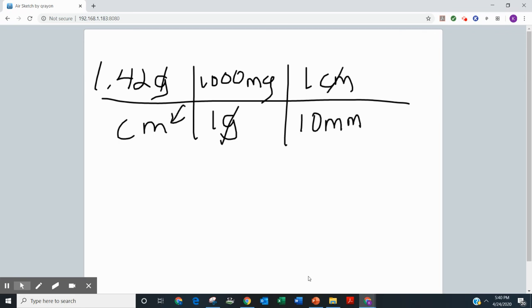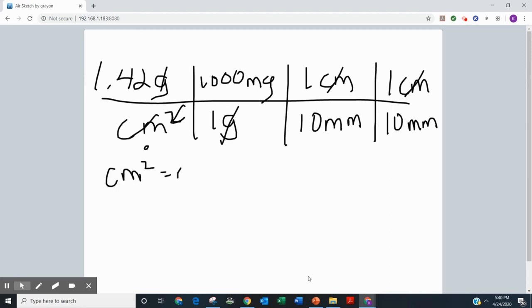That only cancels with 1 of my centimeters that are in the centimeter squared. I need 1 more, so I need another centimeter, 10 millimeters. So that cancels with the second one because this centimeter squared is the same as a centimeter times a centimeter. So that's what I end up needing in the numerator to have that cancel.